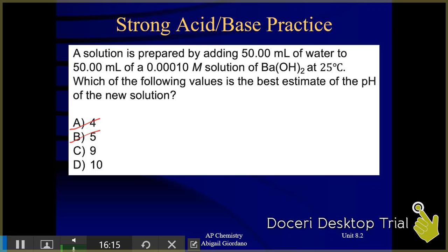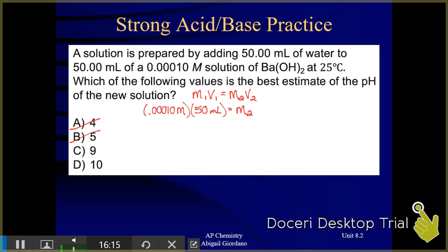I'm just diluting it, which, ladies and gentlemen, if you remember, this is the dilution equation. M1V1 equals M2V2. Okay, this barium hydroxide, before it was diluted, there's M1. This was before it was diluted.